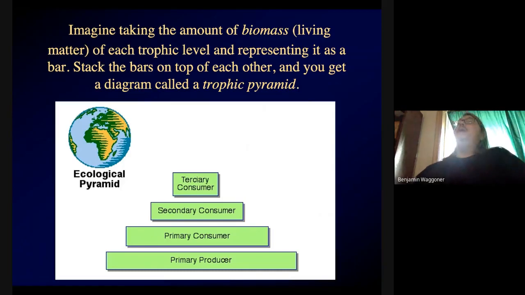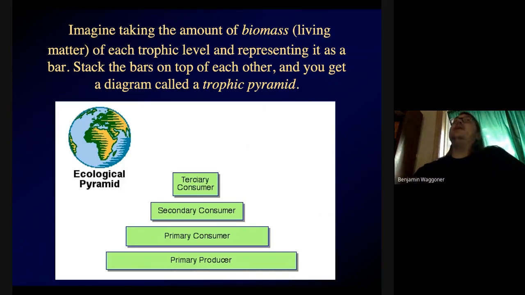We might find that a patch of prairie might have, I'm just going to kind of make something up, 100,000 pounds of plants. Okay.